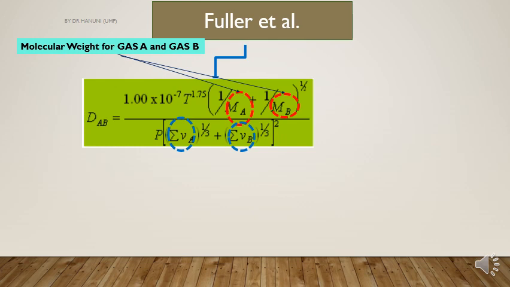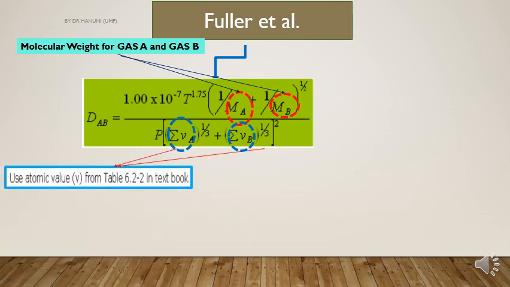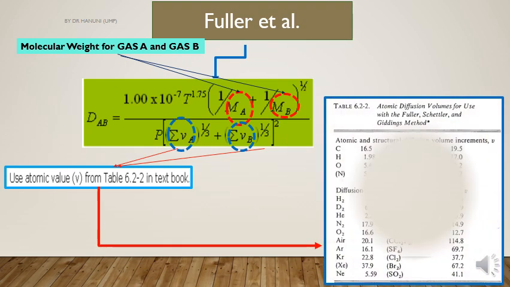These two values actually represent the atomic diffusion volumes, which you can get from the textbook, from table 6.2.2, and the table looks like this.